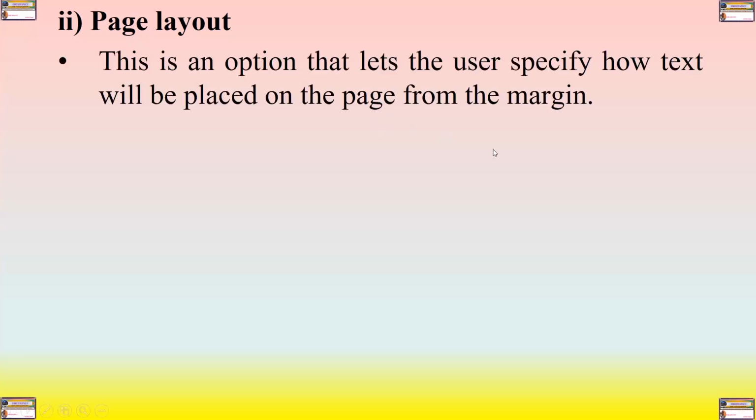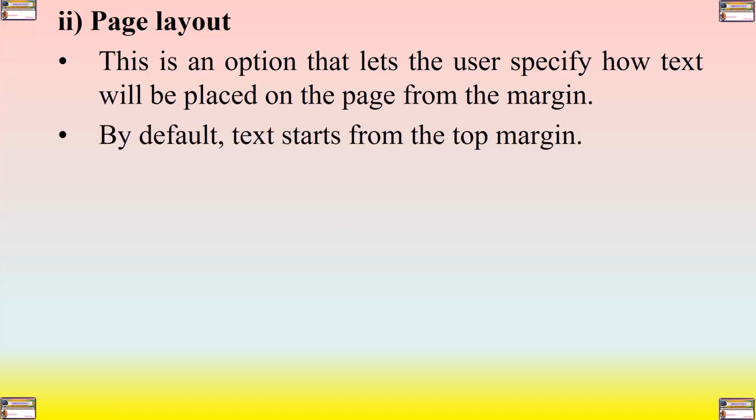The next task we can do under page formatting is setting the page layout. Page layout is an option that lets the user specify how text will be placed on the page from the margin. By default, text starts from the top margin.